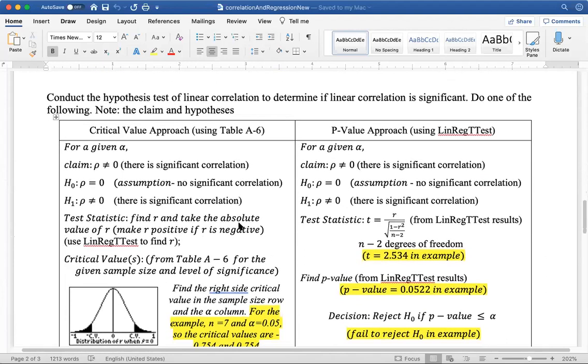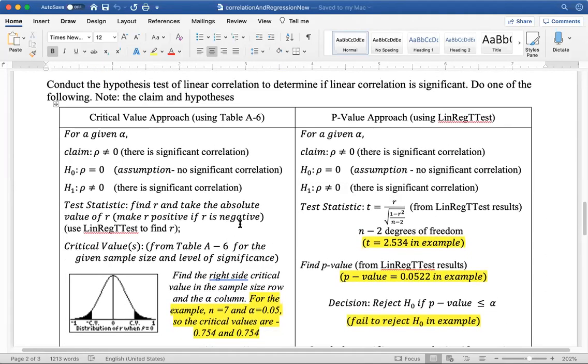Now, how do we do a test of significance here? 2 ways. Let's look at the p-value approach first, which is the one you'll use most of the time. Our claim in all of these is going to be that there is significant linear correlation. In other words, that the linear correlation coefficient back in the population is not 0.